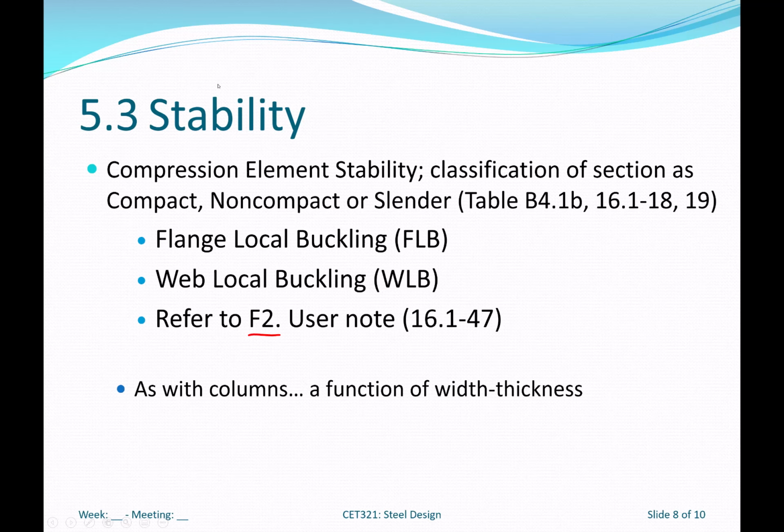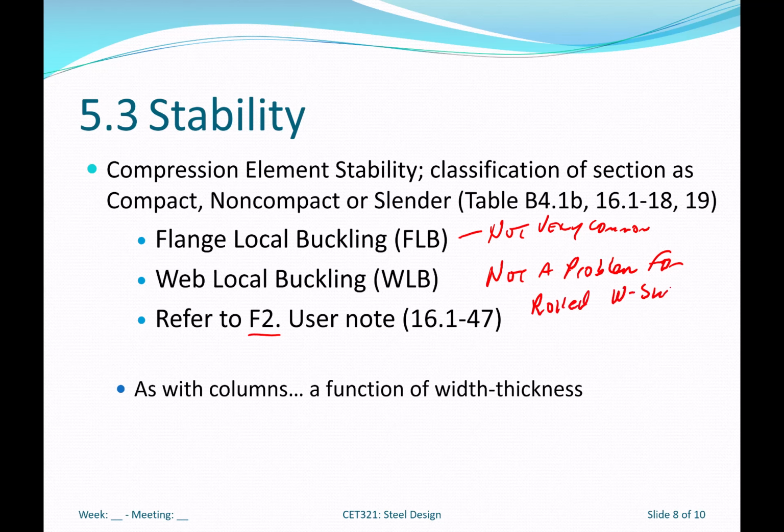So we want to avoid flange local buckling and we want to avoid web local buckling. Again, I'd say this is not very common, not a problem for standard wide flange shapes, for rolled W shapes.